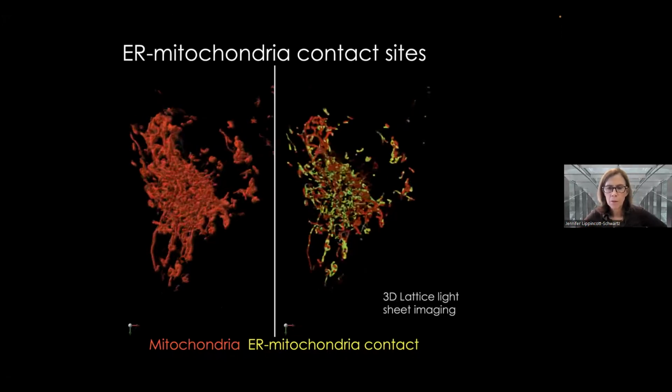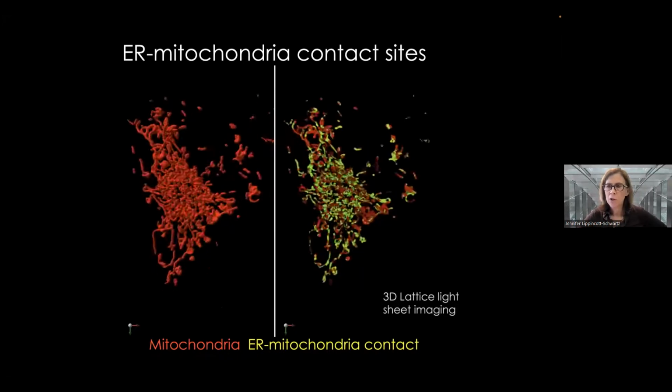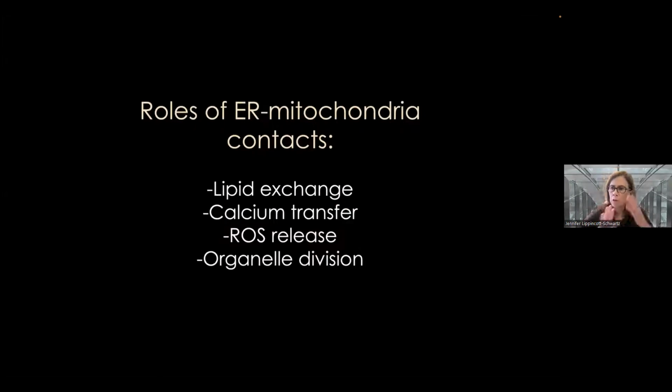So what are the ER and mitochondria doing at those closely opposed regions? There's a whole field that is interested in this and has shown with beautiful assays that there's a lot happening at these contact sites. They are not fusing. They stay right next to each other because tethering proteins stabilize them.